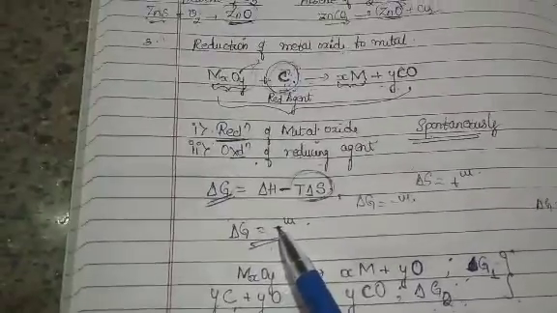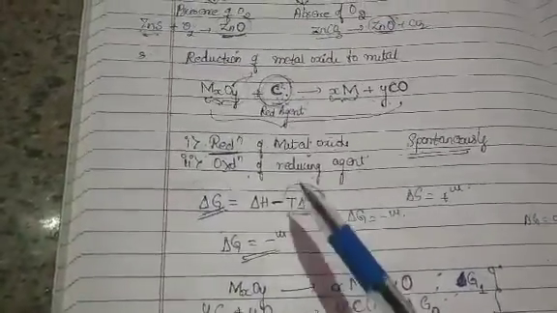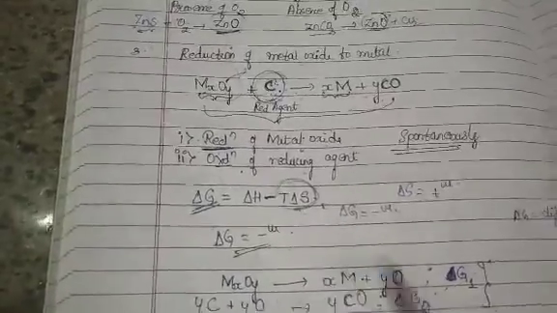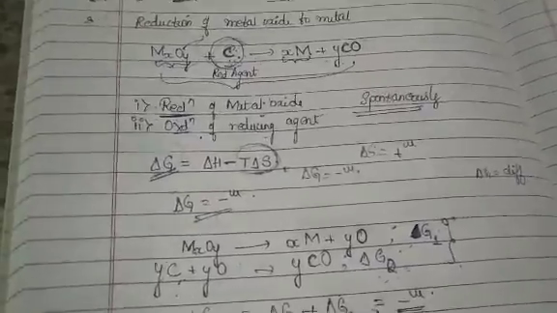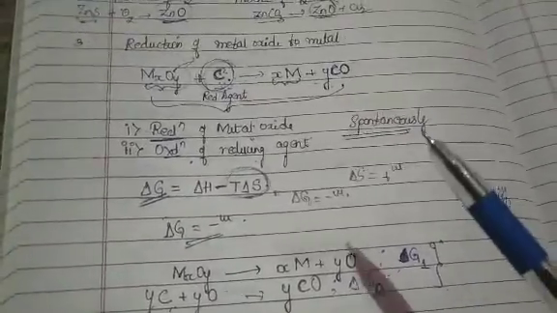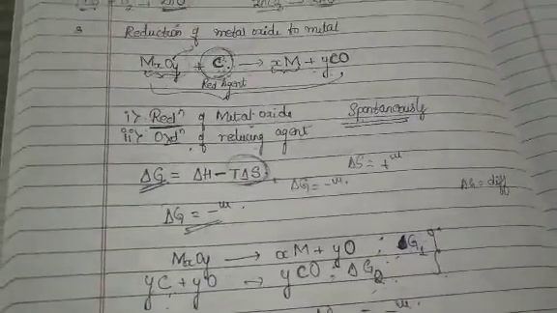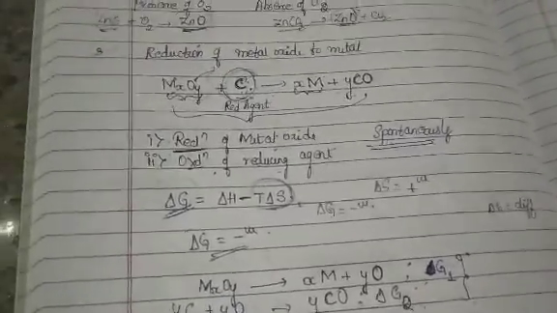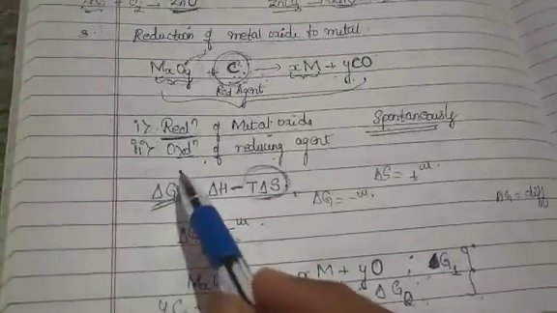But when does it become negative? Only when delta S is positive. Delta S is positive means what? Maximum randomness. That is, entropy should be more. Or in simple words, whatever process is taking place should exist in maximum randomness, the molecules should move. Then only what happens? Your delta G will be negative.